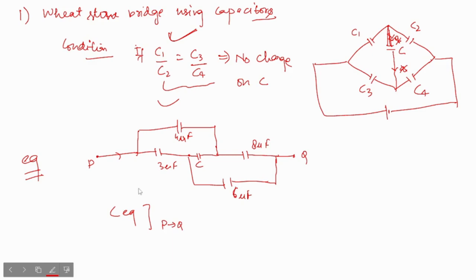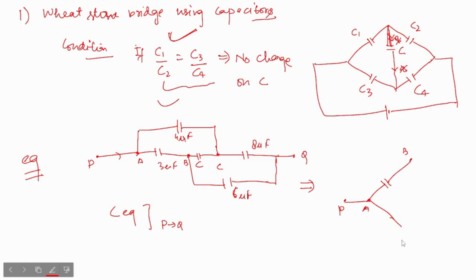Now if you see, this circuit can be seen as, this is a point P, right? Here 3 microfarad is connected. If you consider point A and point B, between A and B.